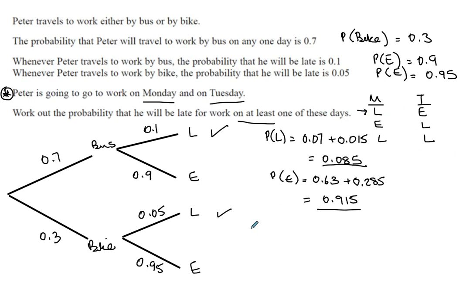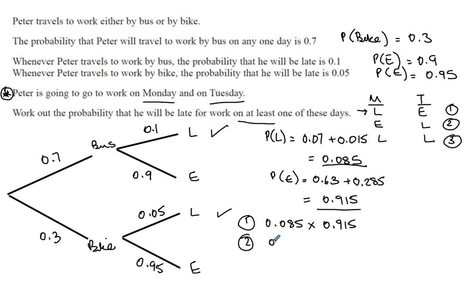So here now we can say it can either be 1 or 2 or 3. Okay, so the probability of 1 for him to be late on Monday will be 0.085 times early on Tuesday, 0.915. Yeah, once you've prepared, then it comes out really easy.